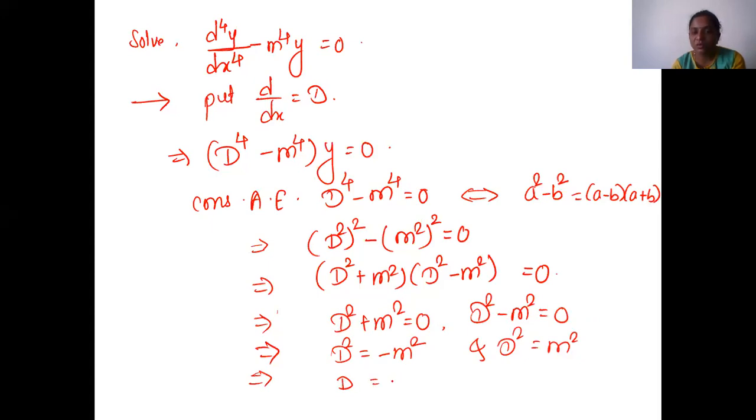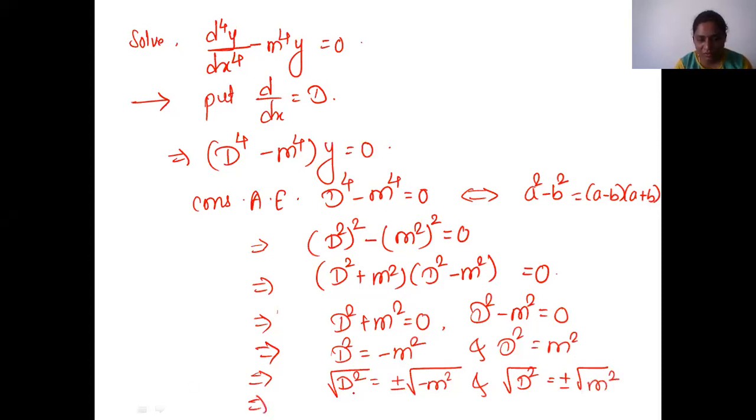And whenever we take square root, there is plus minus. Similar here, square root of D square is plus minus square root of m square. So square root D square is nothing but D. Plus minus as it is.